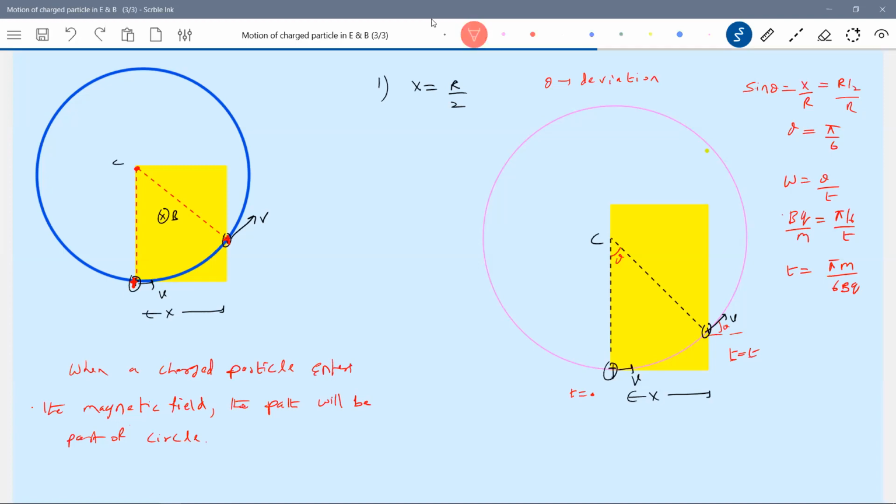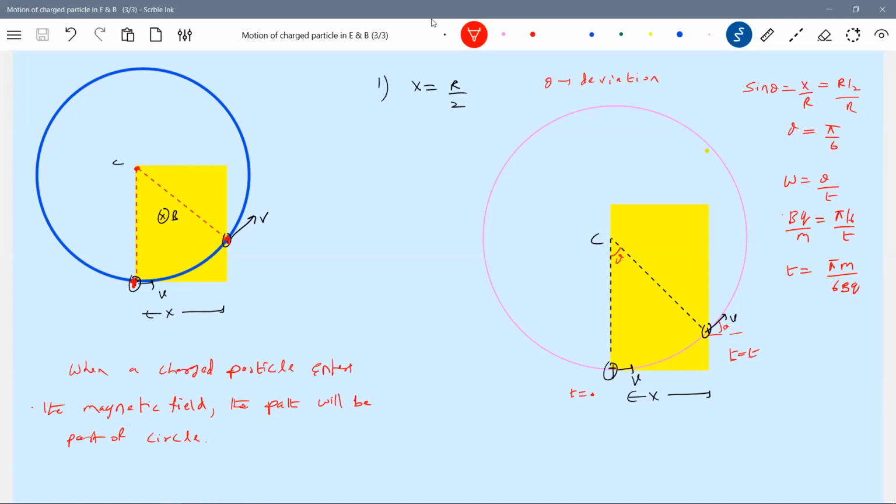I am asking now about the deflection. Let me have water. Deflection, try to think. Find the deflection of the charged particle when x equal to r by 2, where r is equal to mv by qB.